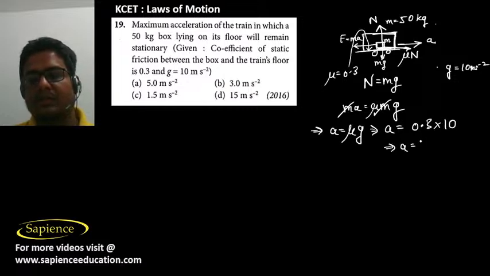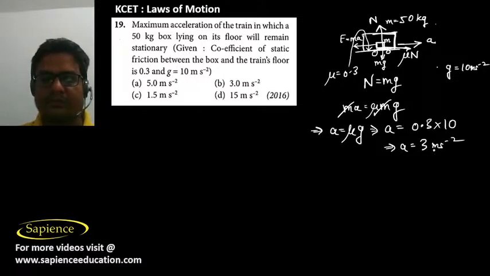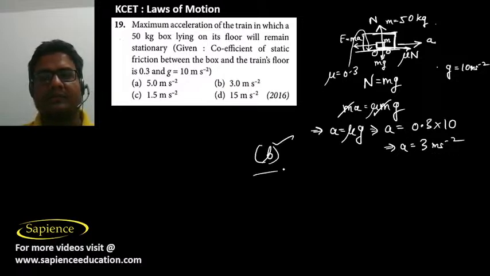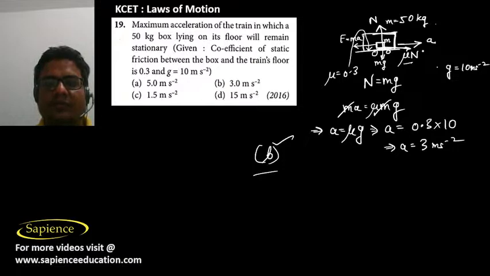So acceleration is 3 meter per second square. So option B is the correct answer. So this is the maximum acceleration that the train can have, for which the box will remain stationary on the floor of the train.